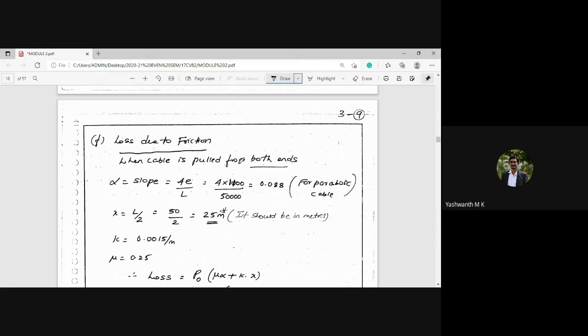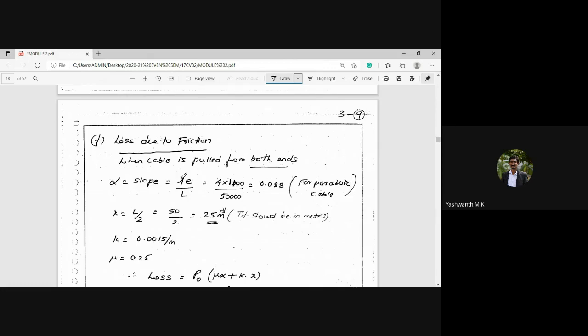I hope you remember when I was discussing loss of pre-stress due to friction, we came across two cases. One is whether the cable is pulled at one end or both ends. And another thing is whether it is a parabolic cable or a straight cable.